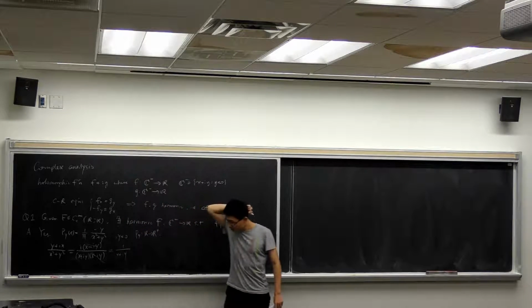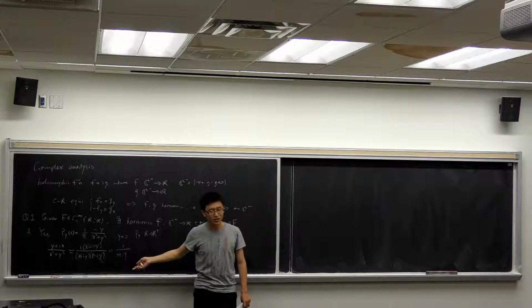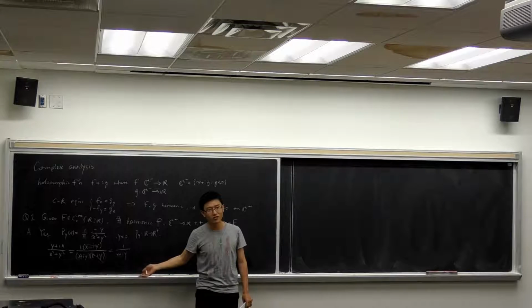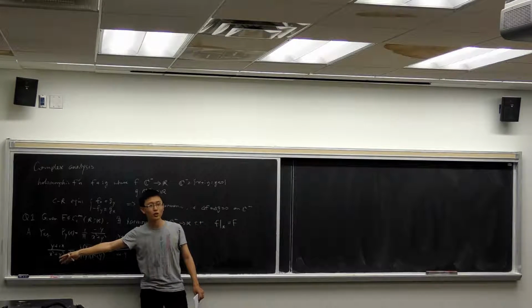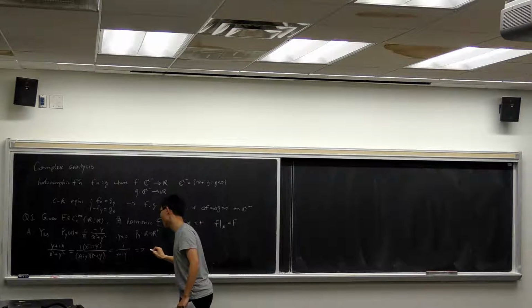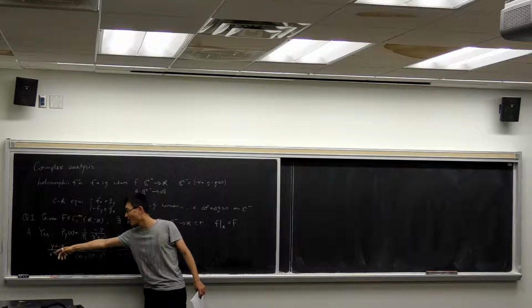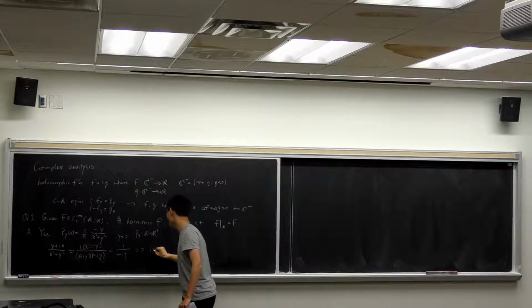So this is a constant over a holomorphic function, which means it's holomorphic. And this function being holomorphic means both its real part and imaginary part are harmonic. So we prove that the function y over x squared plus y squared is harmonic. So p sub y is harmonic.